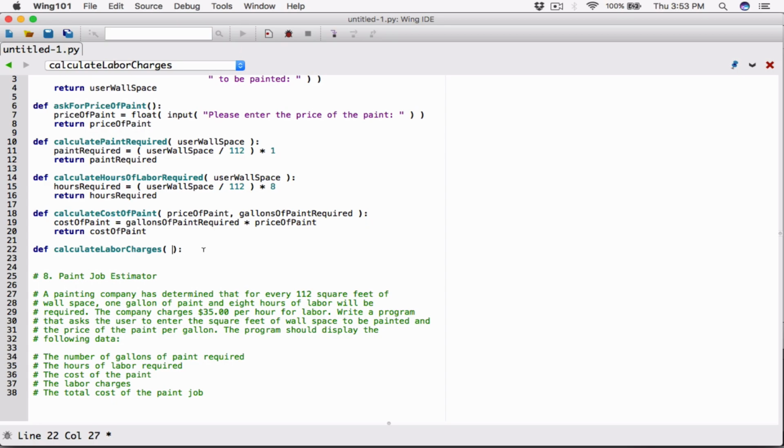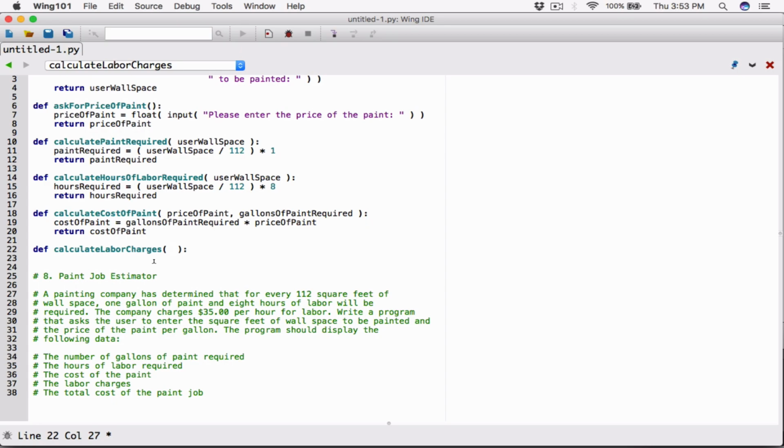Let's make this very flexible, assuming that the price changes. Although we can hard code the $35 in the function, we could make it a parameter, just to make it flexible, so each time that value changes they have to type in the price.